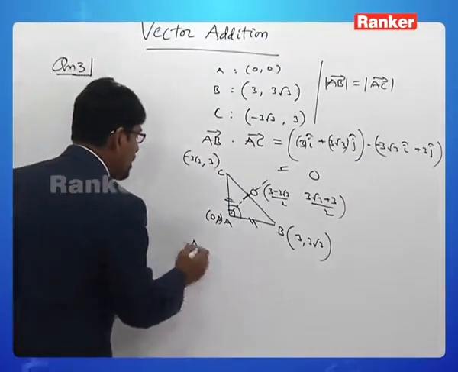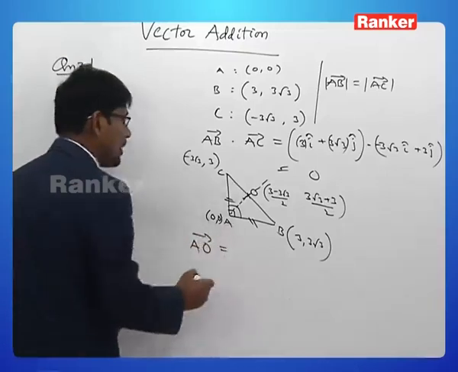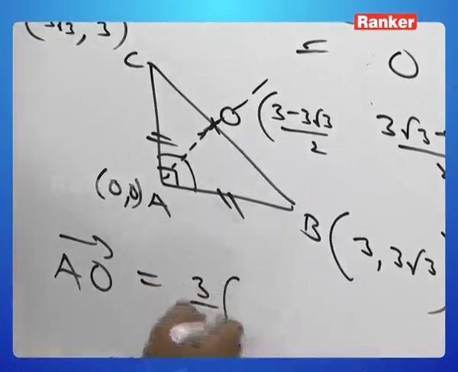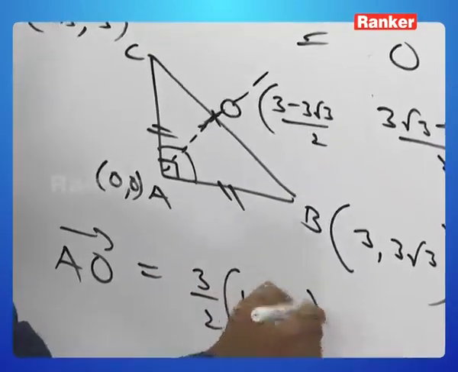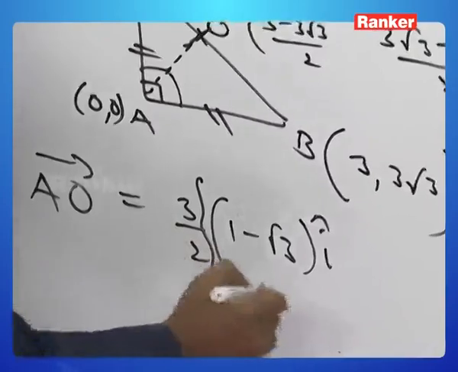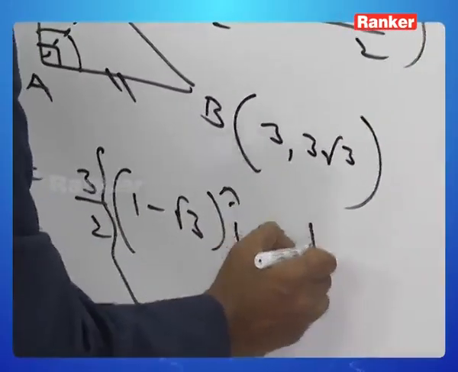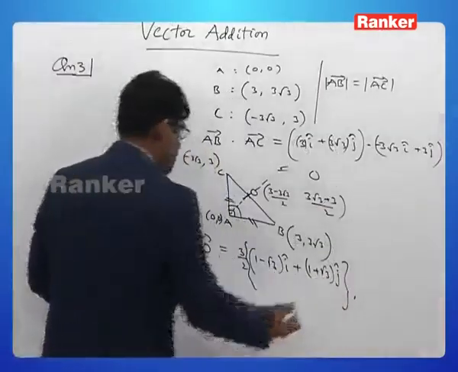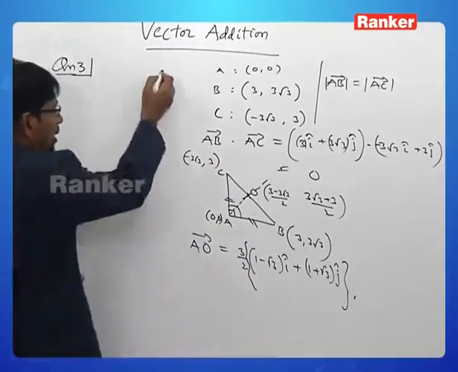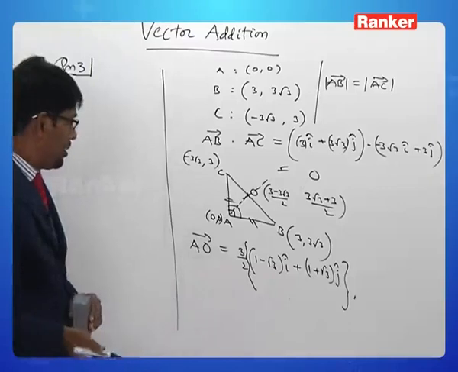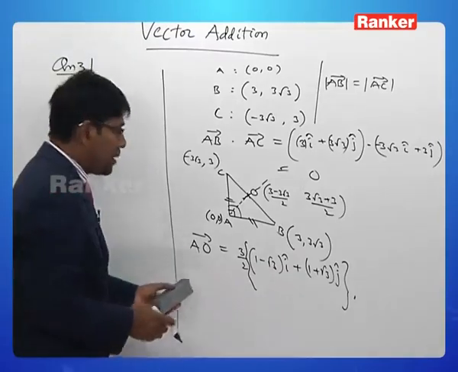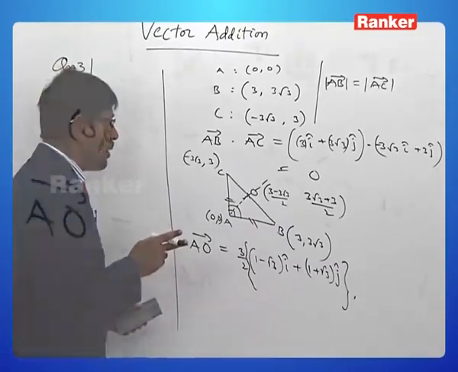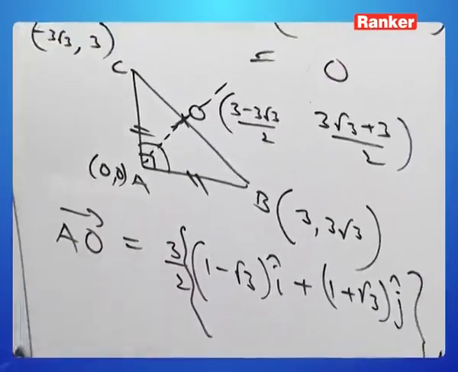Okay, so what is this vector AO? We can say AO vector is given by 3 by 2 into (1 minus root 3) I cap plus (1 plus root 3) j cap. So we wanted a vector along AO which is of the magnitude 2 root 2 units.